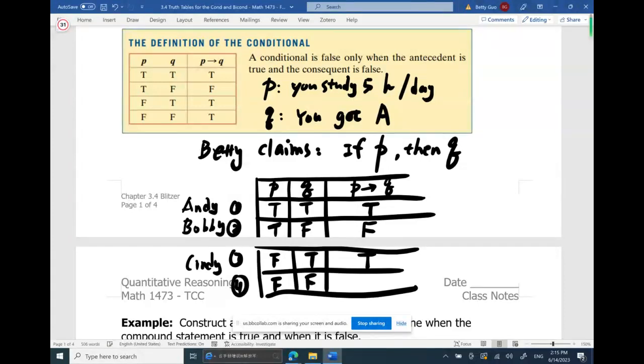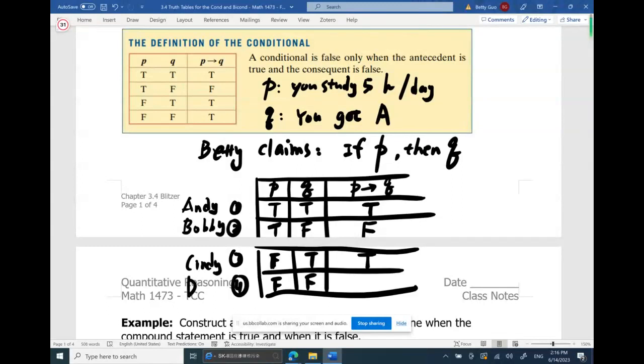I said if you study 5 hours every day, you get an A. I did not say what will happen if you do not study 5 hours every day. So since the antecedent does not hold, the P does not happen for Cindy, it doesn't matter whether Q happens or not. It does not make my claim false logically.